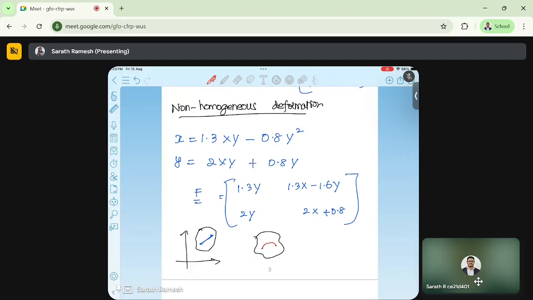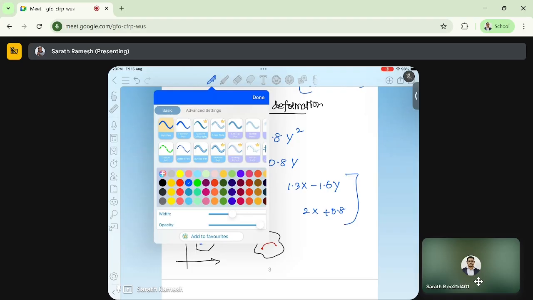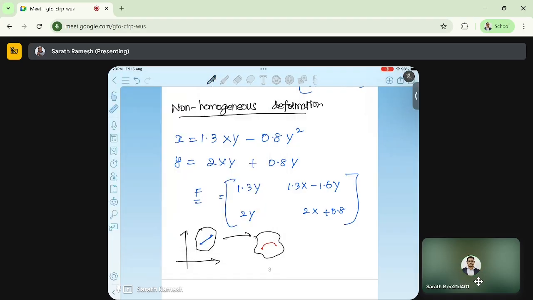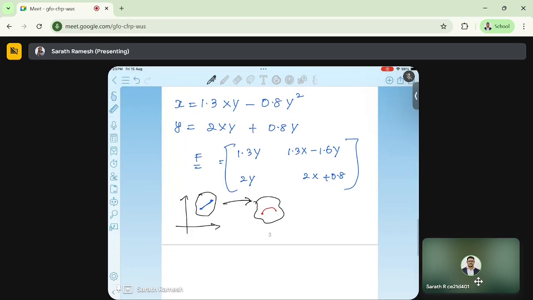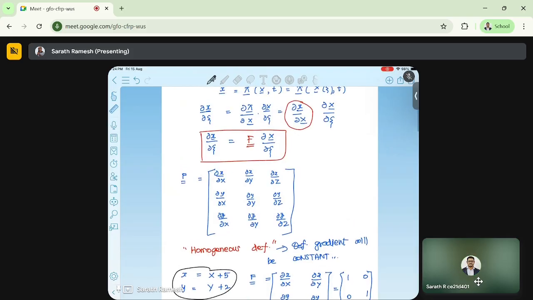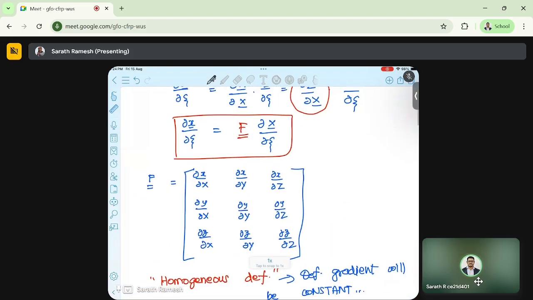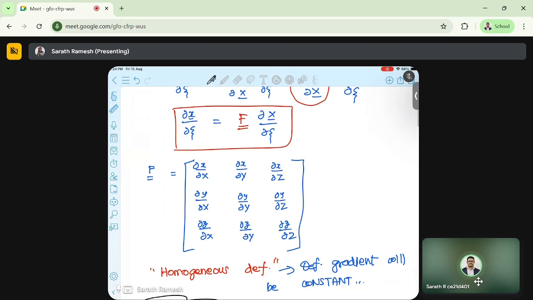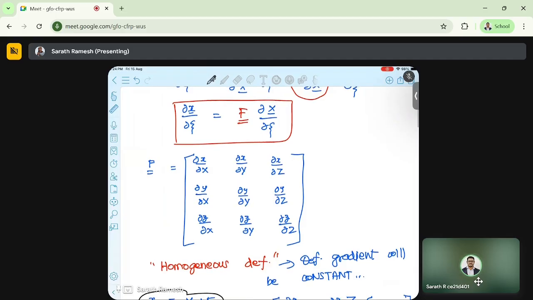Okay, right? This is non-homogeneous deformation. Fine. So this is all about the concept of deformation gradient. Basically, this is the main formula that we need so that we are able to find the deformation gradient for any given deformation field.